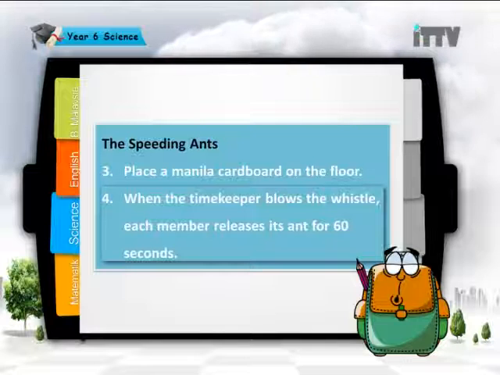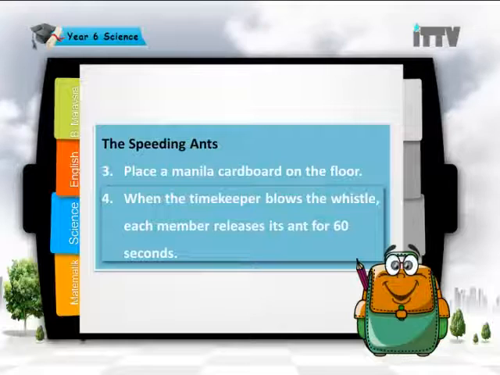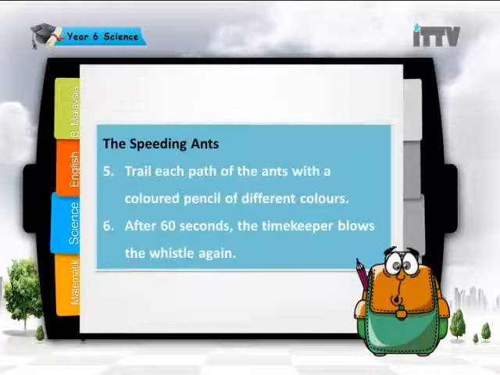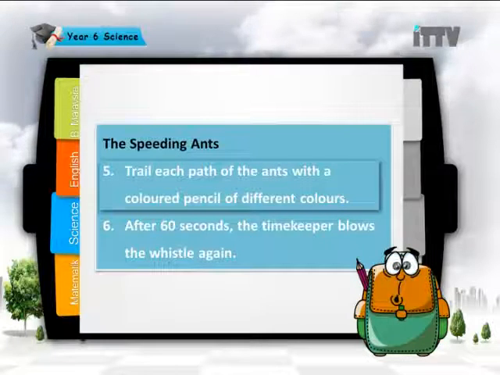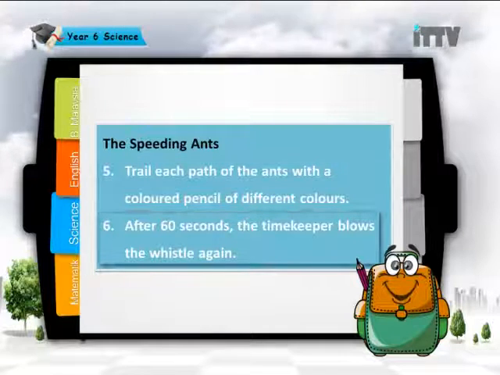When the timekeeper blows the whistle, each member releases its ant A and ant B for 60 seconds. Then, trace each path of the ants with a colored pencil of different colors.